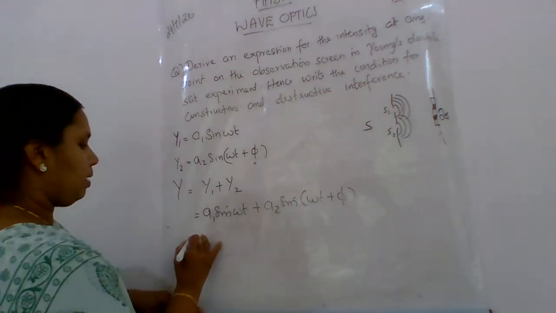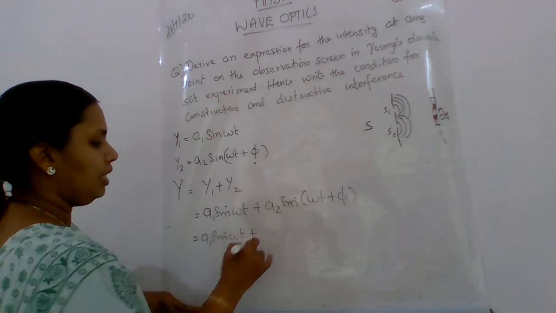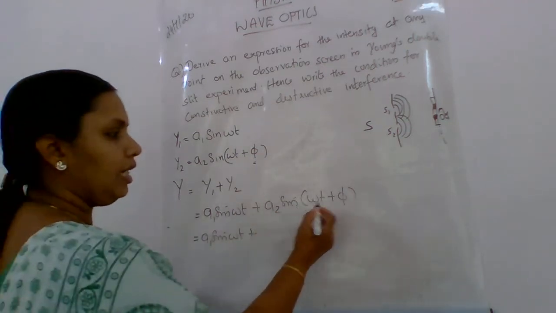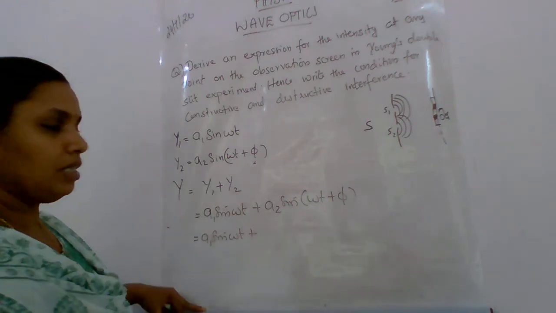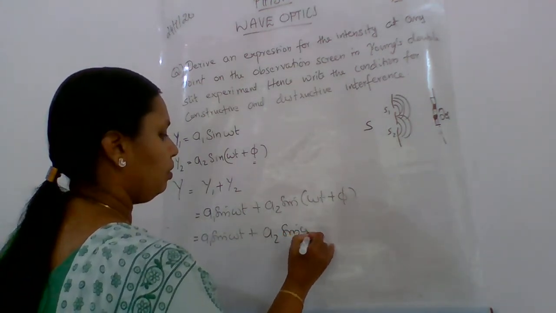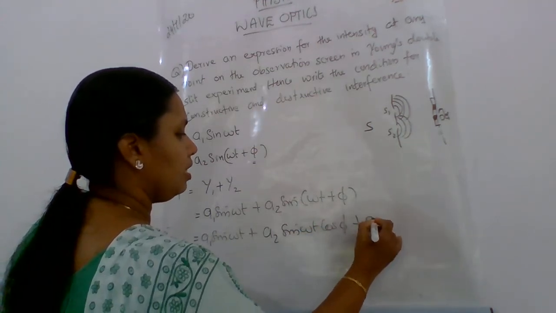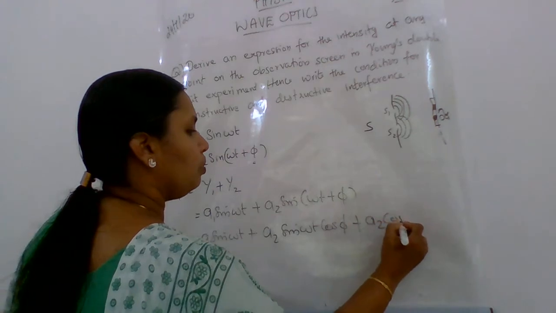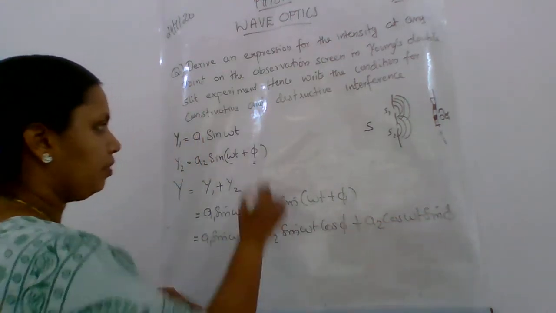Then expand: a1 sine omega t plus, what is sine(A plus B)? Sine A cos B plus cos A sine B. So it is a2 sine omega t cos phi plus a2 cos omega t sine phi.